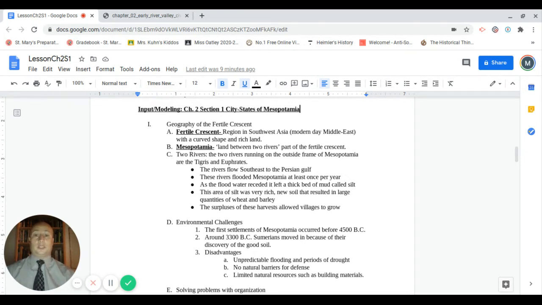Now, this silt was extremely rich in nutrients. It was very much irrigated because of all the water that was sitting on it. So it produced a great quantity of wheat and barley, which were two of the big crops grown in this part of the world at the time. Because you can grow an excess amount of food based on these flood patterns, it allows your villages to grow, and then your population can expand.